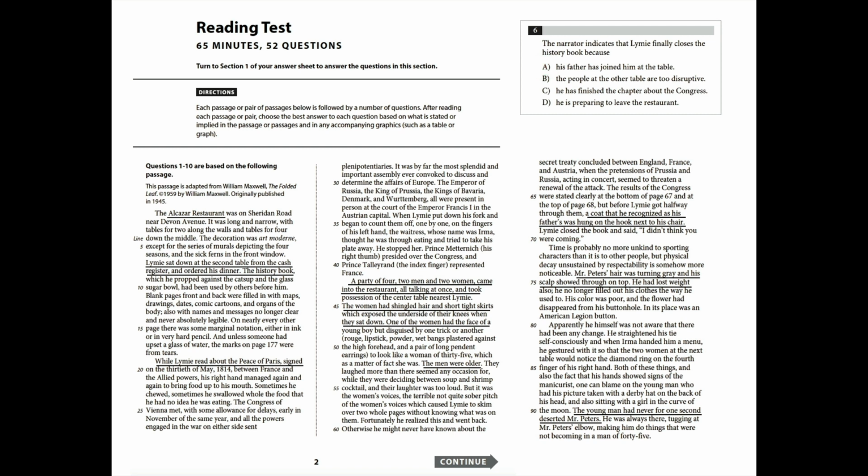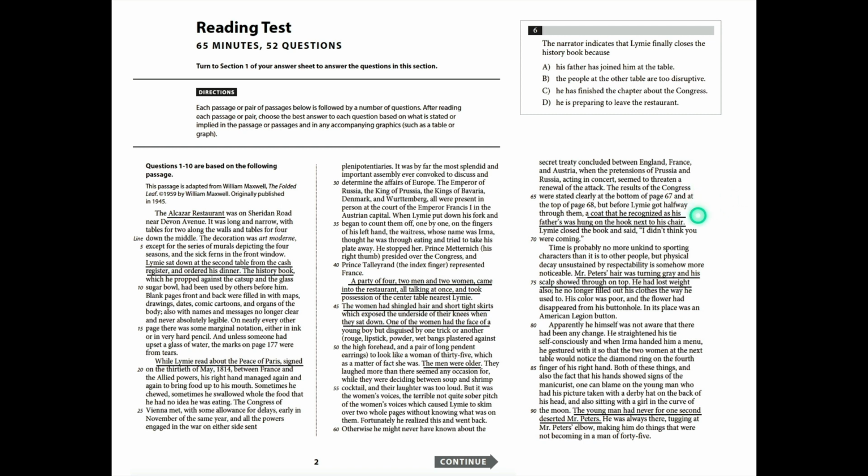Okay? And that is reflected in this particular part of the text here. But before Limey got halfway through them, a coat that he recognized as his father's was hung on the hook next to his chair. Limey closed the book and said, "I didn't think you were coming." So the reason why Limey finally closes the history book is because A, his father has joined him at the table.